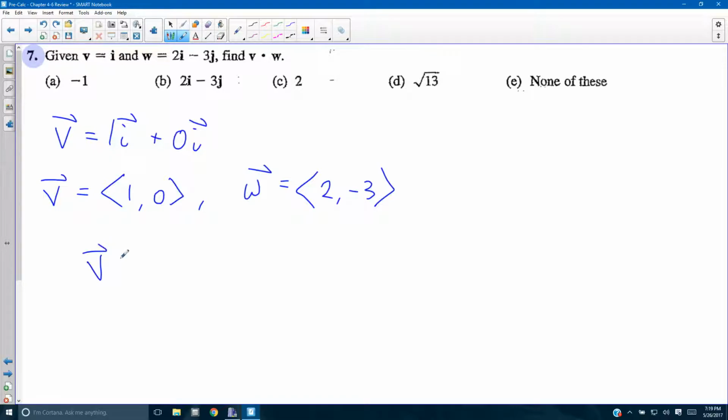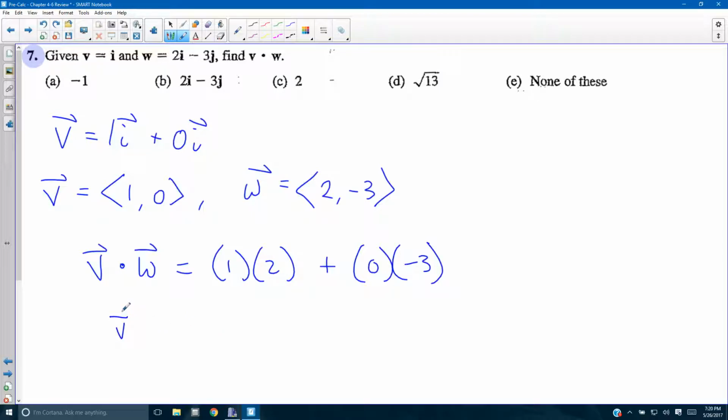Now the result of v dot w, when you multiply two vectors as a dot product, is a scalar value. What we're going to do is take the x components and multiply them together, 1 times 2. Then we're going to add this with the y components of both vectors, 0 times negative 3. Again, long day. I'm lost in my words. My apologies. So v dot w is 3 plus 0, which is 3. The answer there is a scalar value, which is 3.